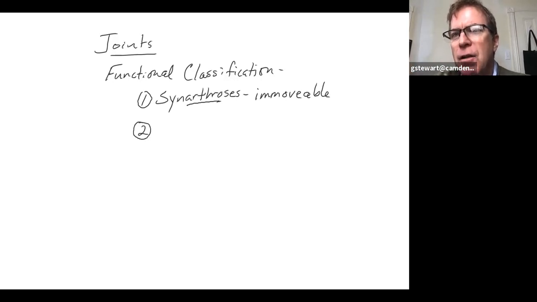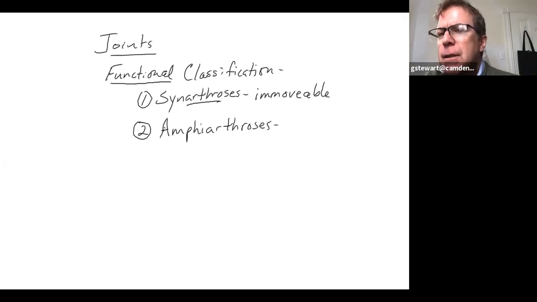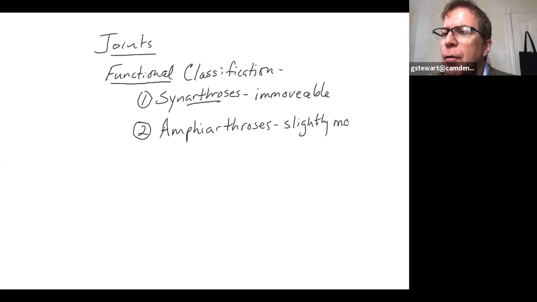Second classification, functionally, is amphiarthroses, A-M-P-H-I. These are slightly movable joints. Now, one thing your book I don't think addresses with this classification, this is a fairly wide range of movement.